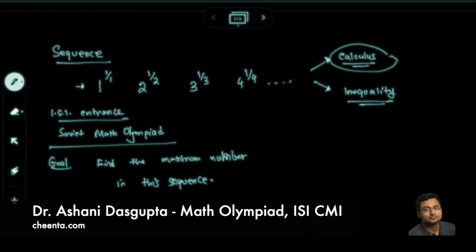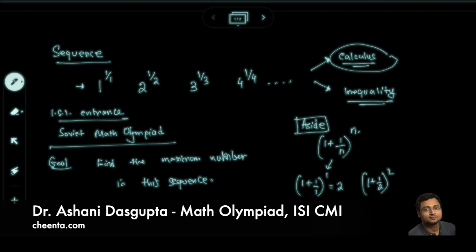Now, I will give you an aside, that is another problem or another idea that is related to it. If you look at the sequence of numbers of this form, 1 plus 1 over n, raised to n, that is 1 plus 1 over 1 raised to 1, which is simply 2, 1 plus 1 over 2 raised to 2, which is 3 by 2 squared, and so on.